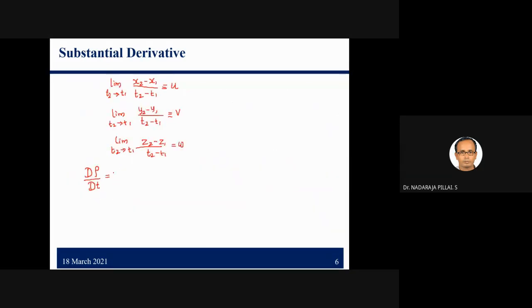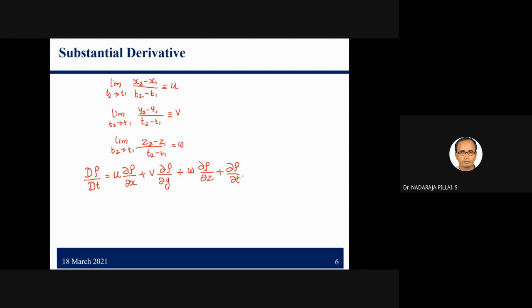So I write this as u into dou rho by dou x plus v into dou rho by dou y plus w into dou rho by dou z plus dou rho by dou t, right? So this is what our equation is, right?